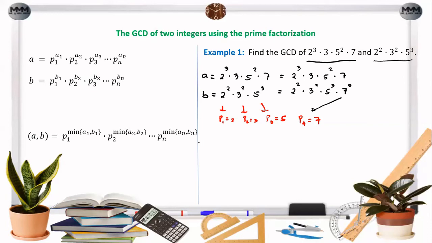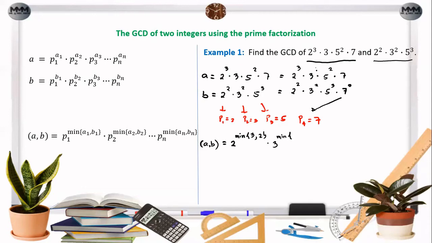Hence, we can have the GCD of A and B as, for P1, we have 2, the minimum of the exponents of here. So the exponent of 2 here in A is 3. And then our B1 is this one, so 2. Times P2 here is 3 raised to the minimum of the next.